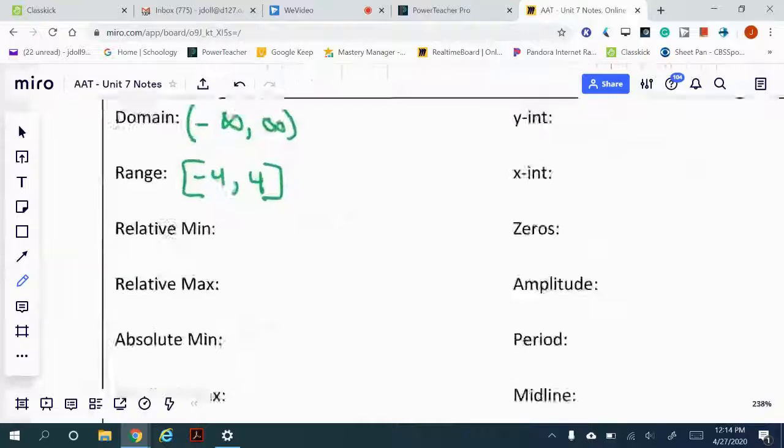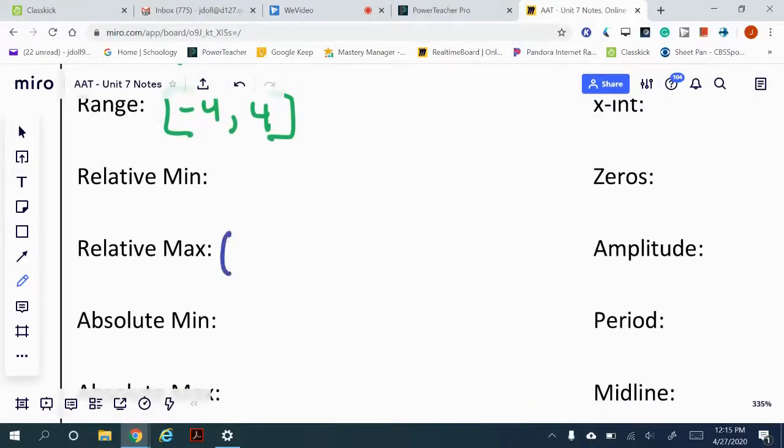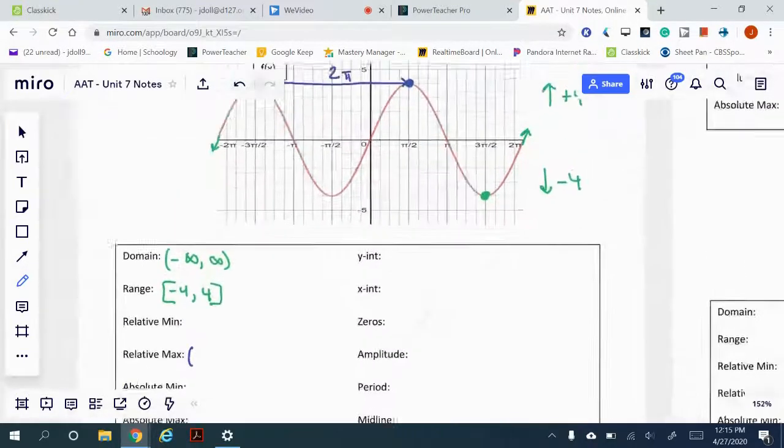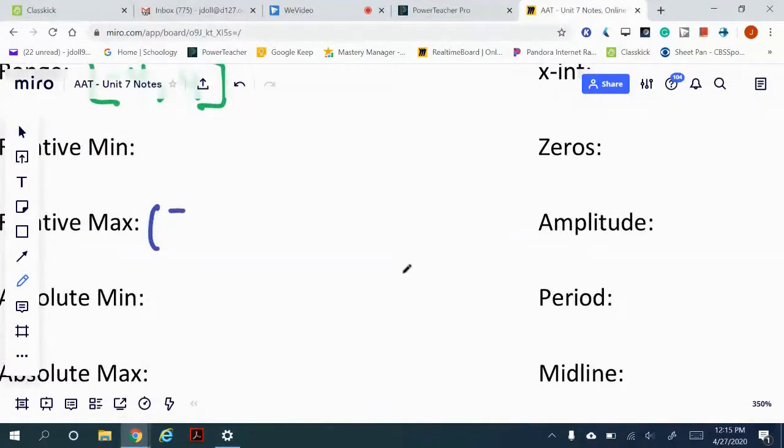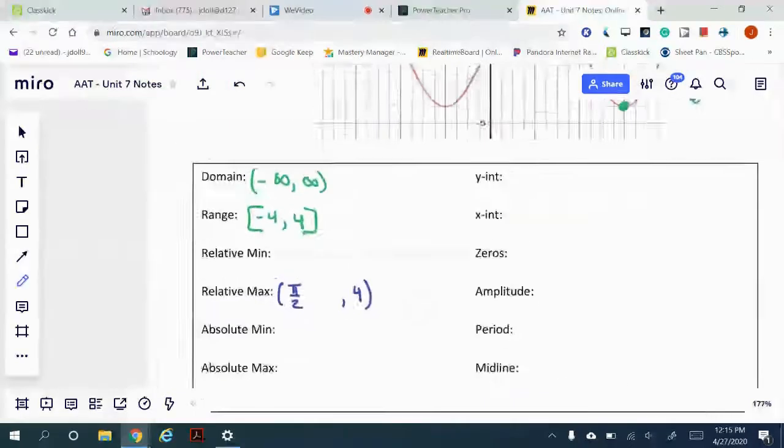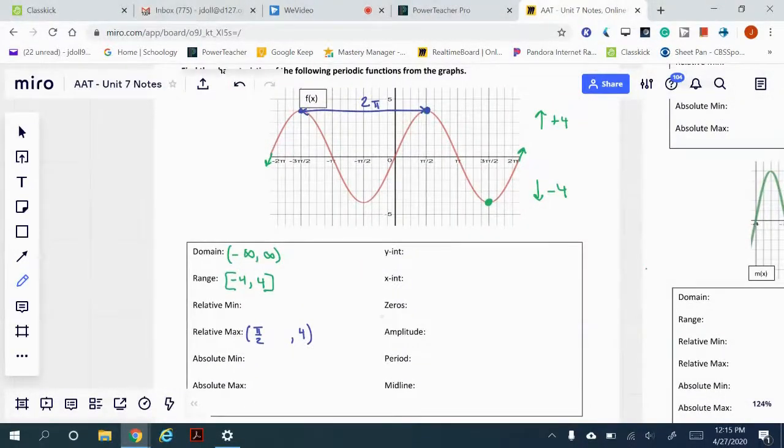Here's how we're going to describe this relative maximum. First, we're going to pick one. I'm going to pick π/2. The x-coordinate of that relative maximum is π/2, and the y-coordinate is 4. But again, there's an infinite number of relative maxes. So how do we express that if I start at this one relative maximum, I can go 2π units to the left or 2π units to the right forever and keep adding another relative max to my list?